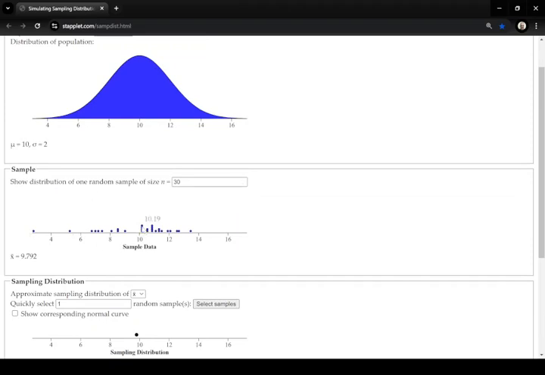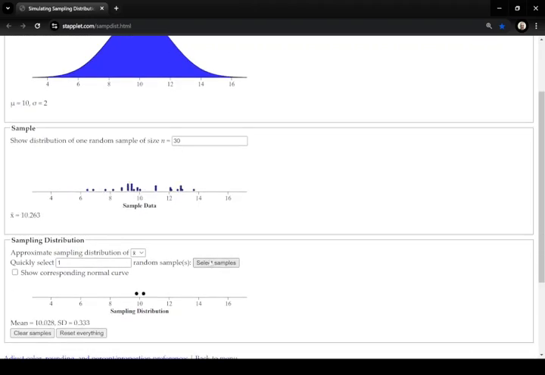I got quite a few values close to 10, and I got a really strange value that was very far away. This is just randomness. My sample of 30 is on this dot plot, and the mean of this sample is 9.8 roughly, which is not the population mean, but it's fairly close, especially considering we got this outlier.